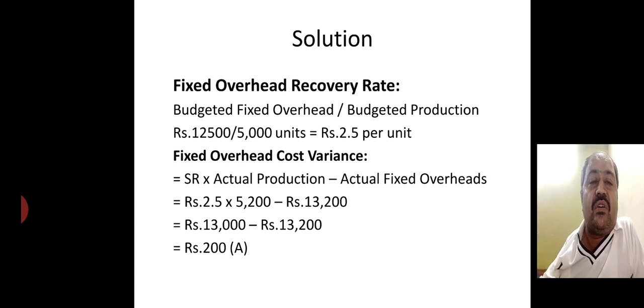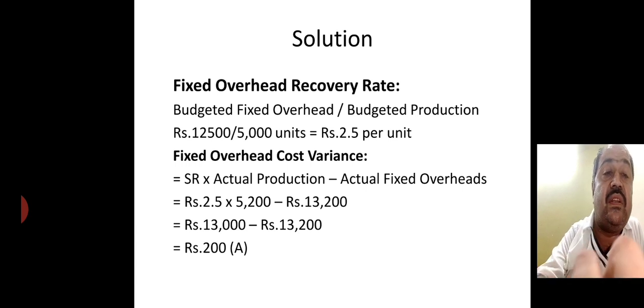And fixed overhead cost variance is first calculated with the formula: standard rate into actual production minus actual fixed overhead. Actual fixed overhead is 13,500, 2.5 is the rate we calculated above, and 5,200 is the actual production. After multiplying and subtracting, the answer is negative, that's why it is an adverse variance.